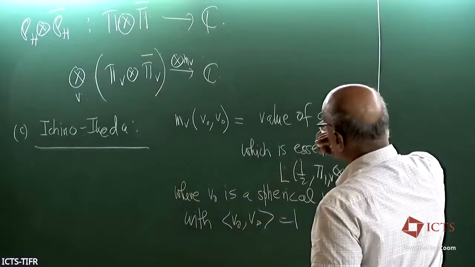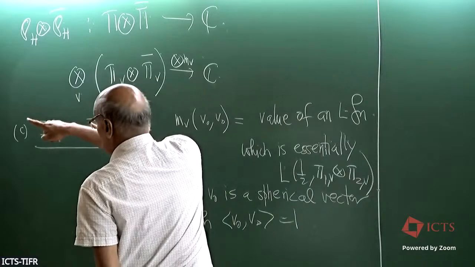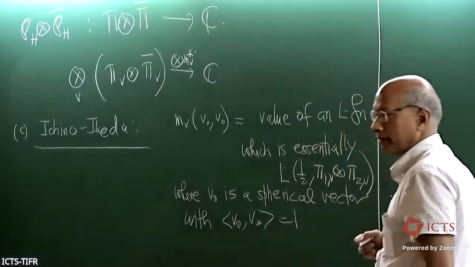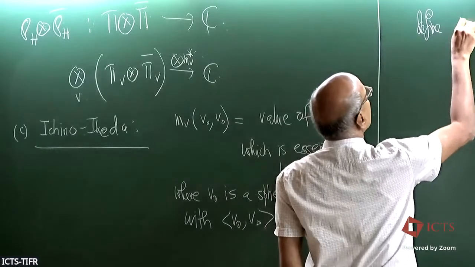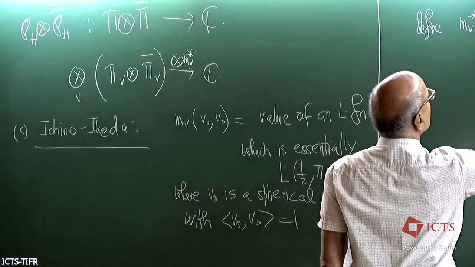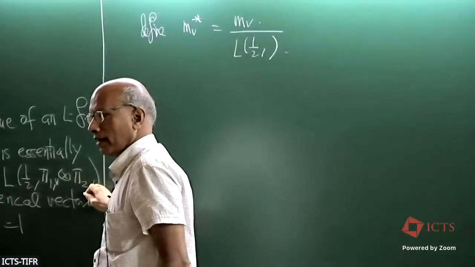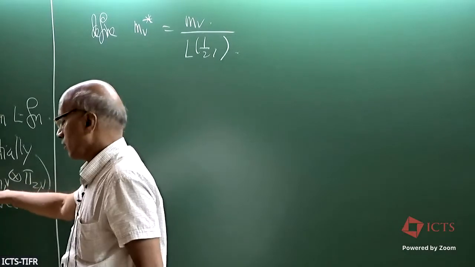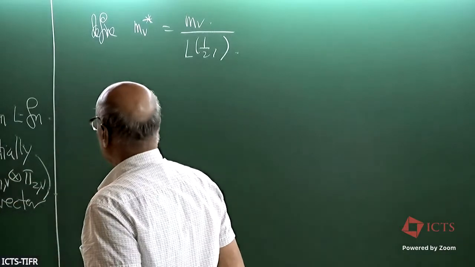So what Ichino Ikeda do is that instead of looking at this invariant linear form, they scale it by dividing by this L value. So define MV star to be MV upon L half. As I said, there are a few other L values, but I will not make a very precise statement. This L value is non-zero.